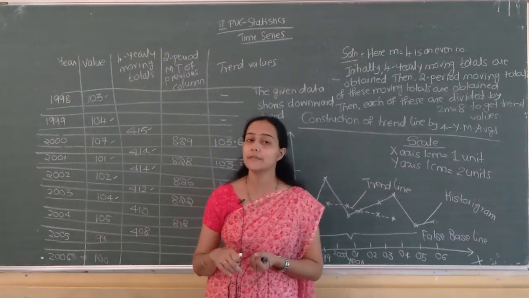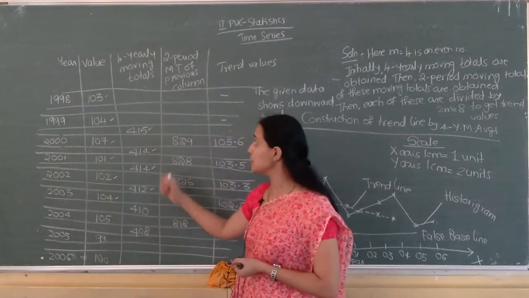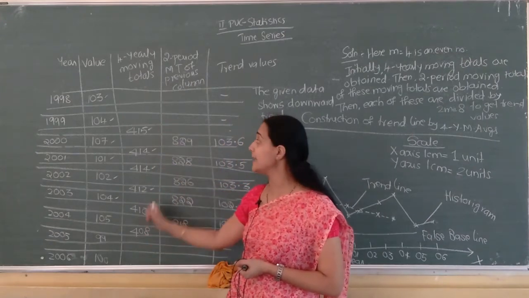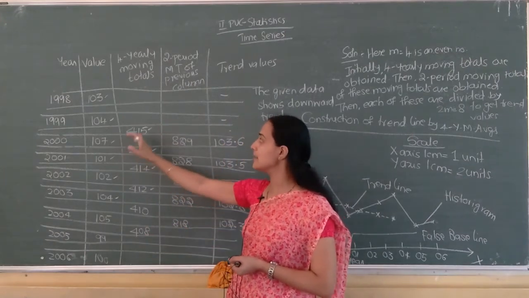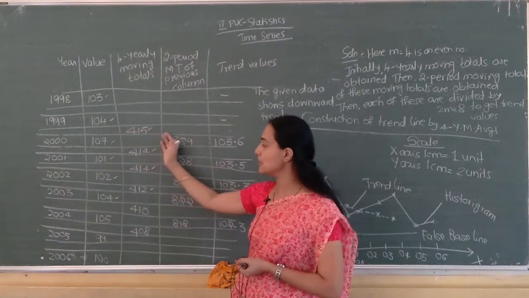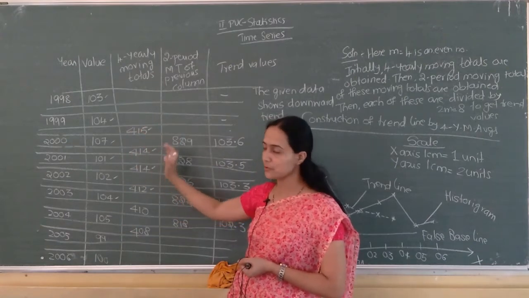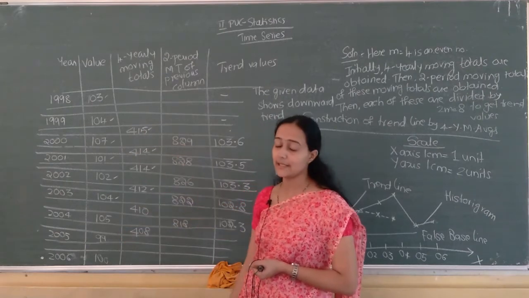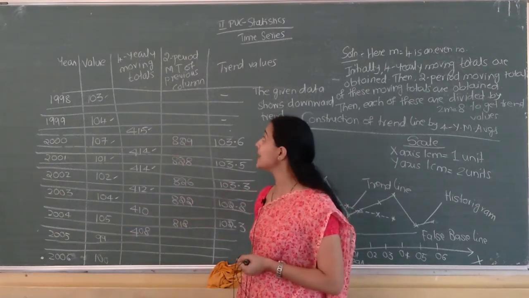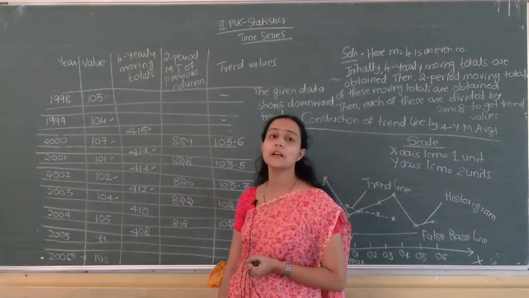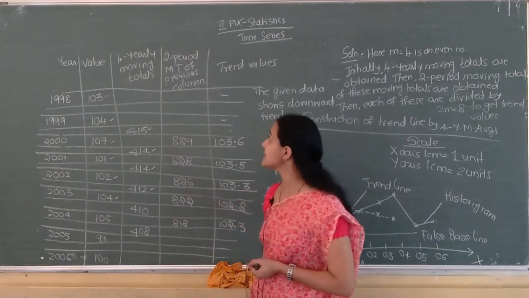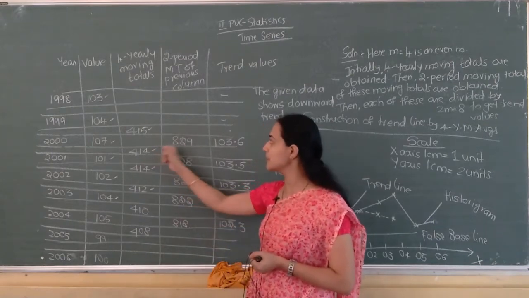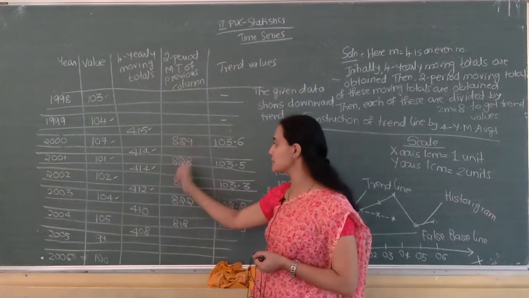So what we did: first the 4 yearly moving total we compute, write in the middlemost, leave the first one; next 4, write in the middlemost, leave the second one; like that we did. After that the 2 period moving total of the previous column, written in the middlemost.